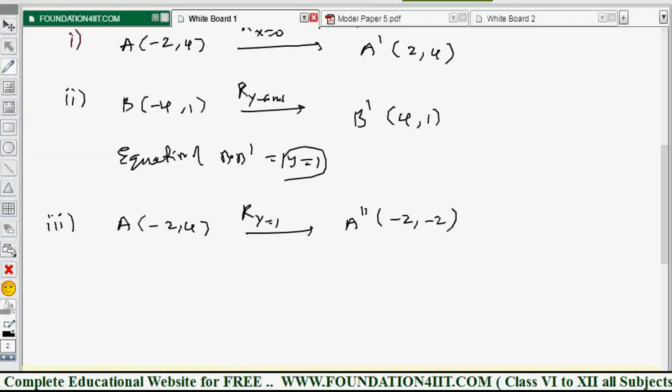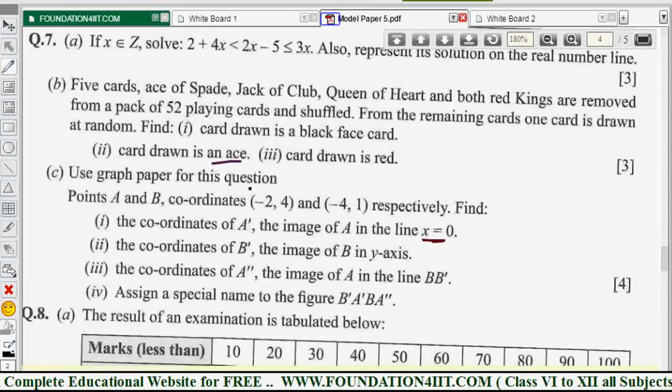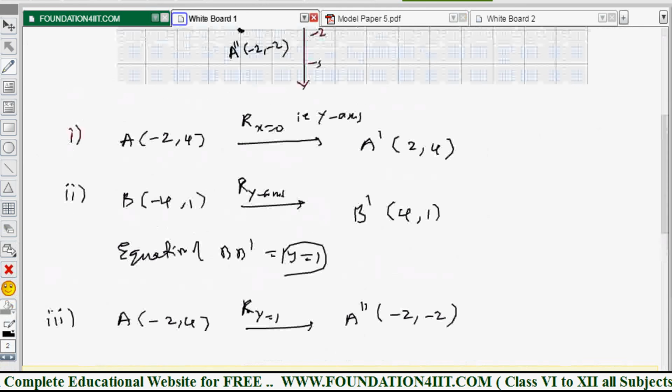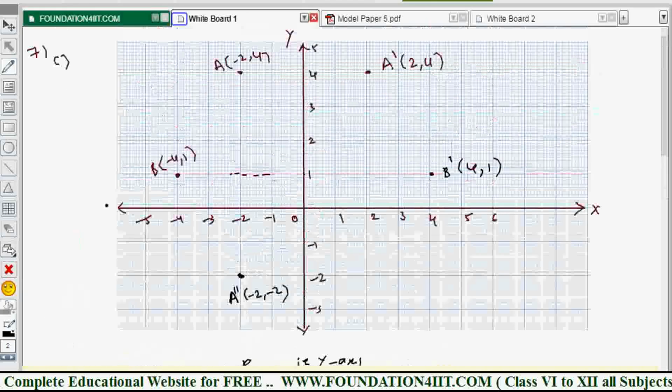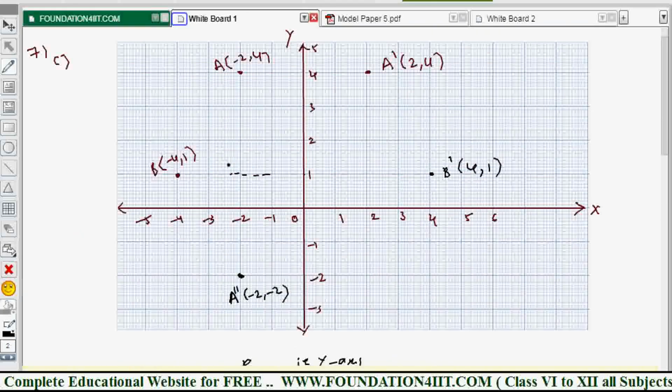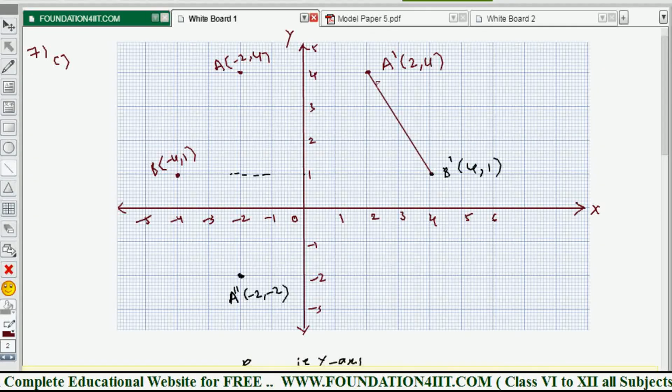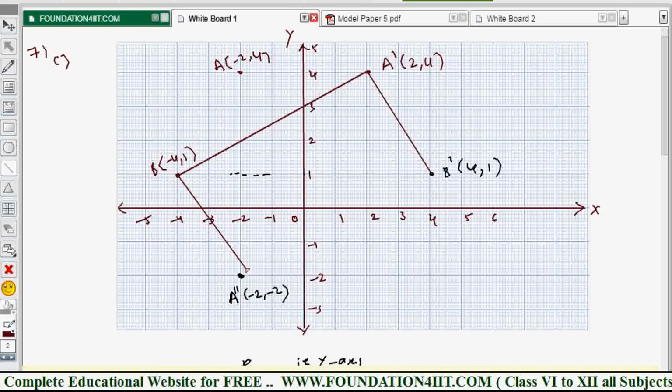And for the figure, we need to join all these points and assign a special name to the figure B dash A dash B A double dash. Let us take the line and join B dash, A dash, and from there to B and A double dash.